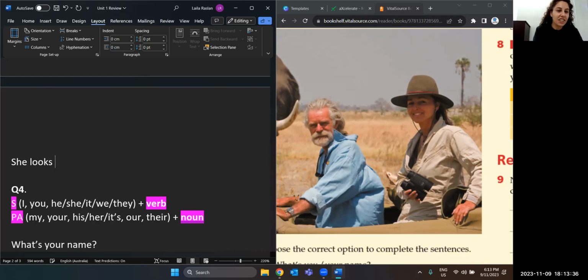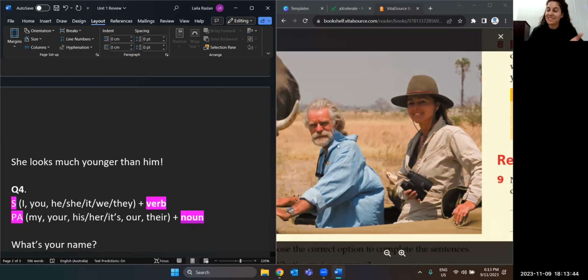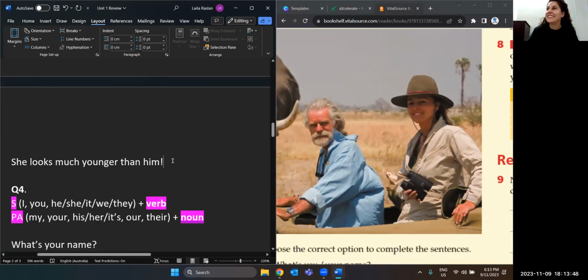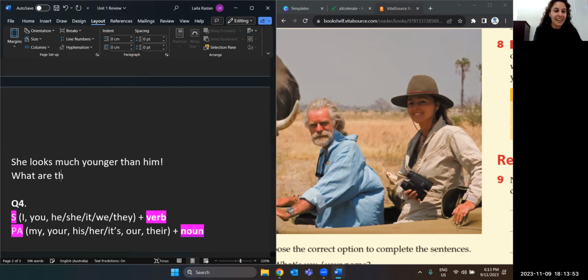She looks younger. She looks much younger than him. I like that. Exclamation mark. She looks much younger than him. That's true. What are they up to? Yeah, what are they up to? Nice.